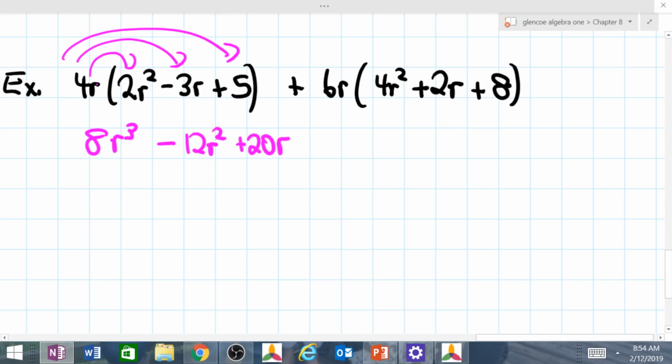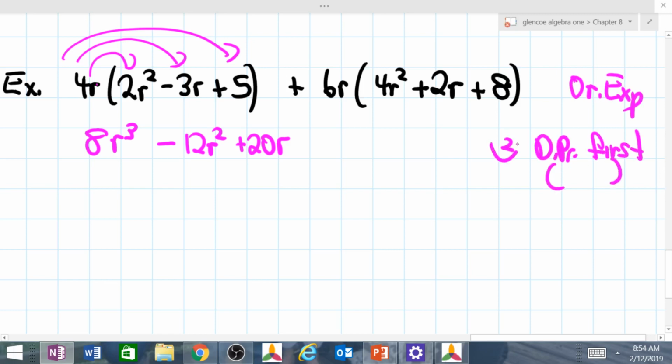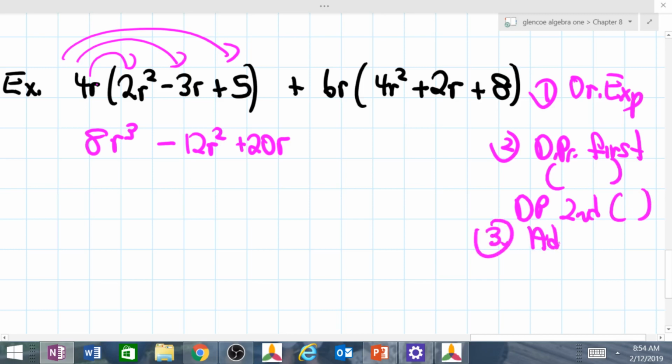So what I need you to do is simplify or use the distributive property on the first parentheses. Then we're going to use the distributive property on the second parentheses. Then we are going to add like terms and simplify. Are those directions clear?